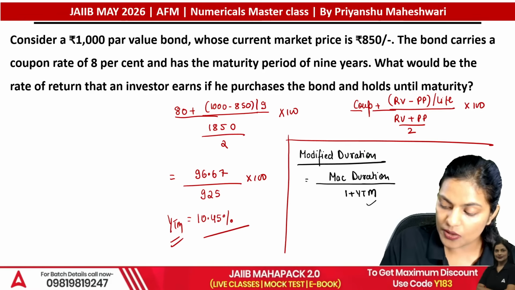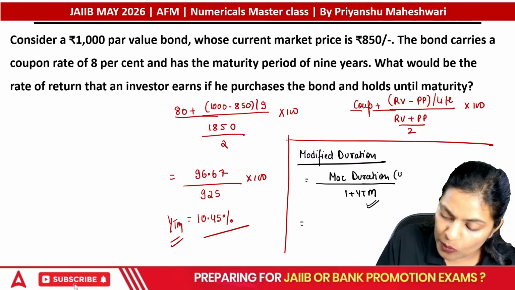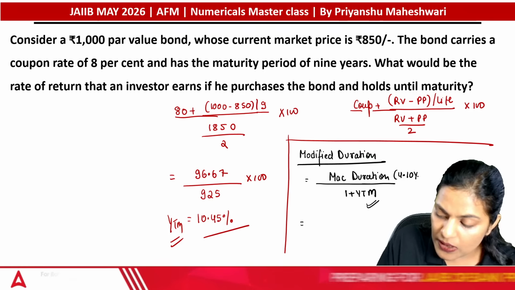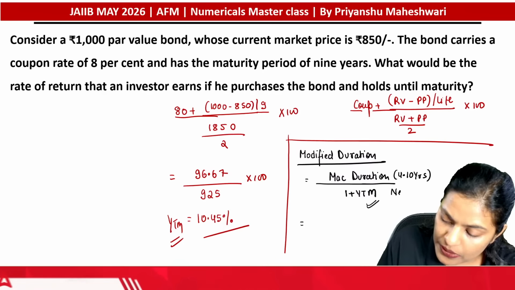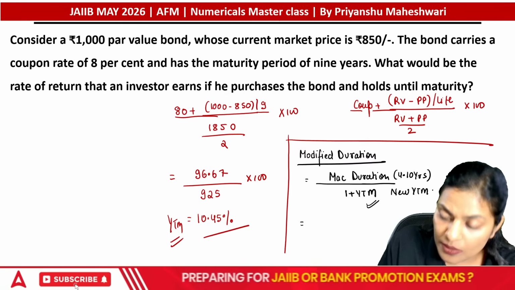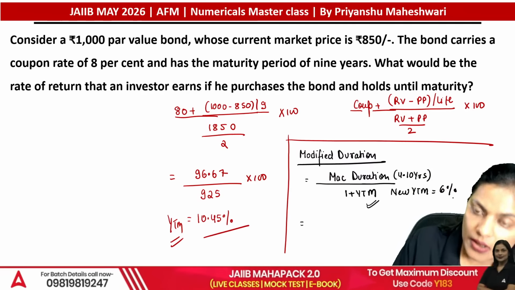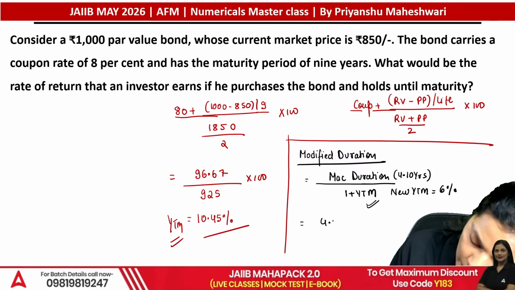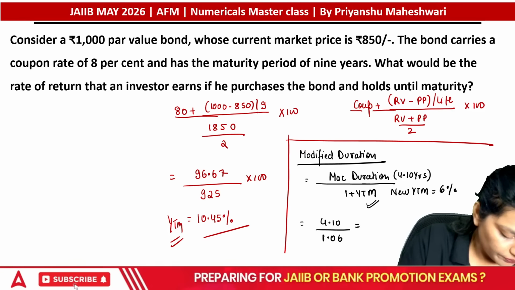Correct? That is how you calculate. Now, if I say you have a Macaulay duration of 4.10 years, and the new YTM is 6%, can you calculate the modified duration? New YTM I am saying is 6%. So, how will we calculate? 4.10 divided by 1.06.